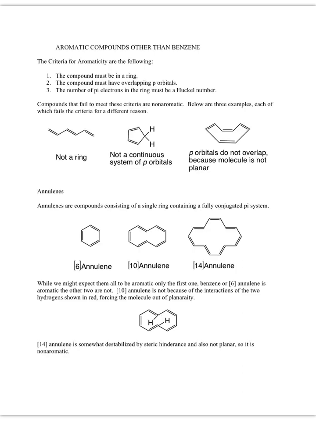So aromatic compounds other than benzene, we have this alternating single double bonds in the hexatriene. It's not a ring, so it's not aromatic. We have here not a continuous system of p orbitals because we have that sp3 hybridized carbon, so it's not aromatic.